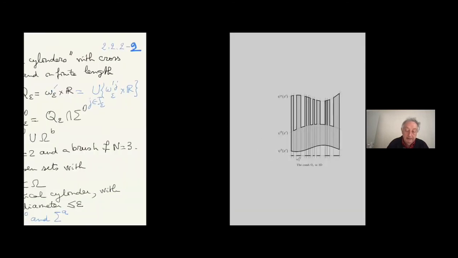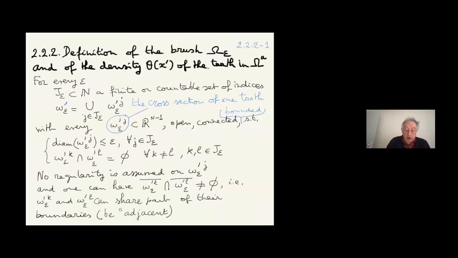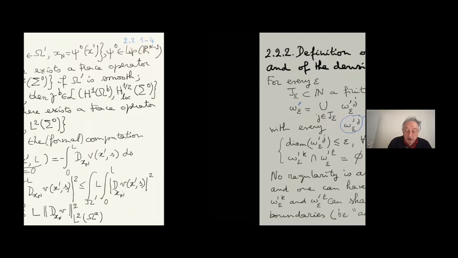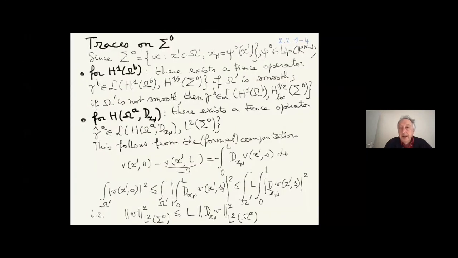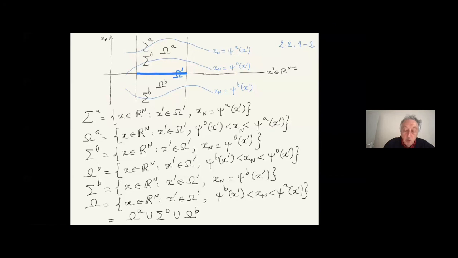Let me go back here. So the omega prime, which is here, has no regularity in n-1. Why do we need the sigma 0 to be Lipschitz? Because we would like the functions of each one of omega B to have a trace on sigma 0.